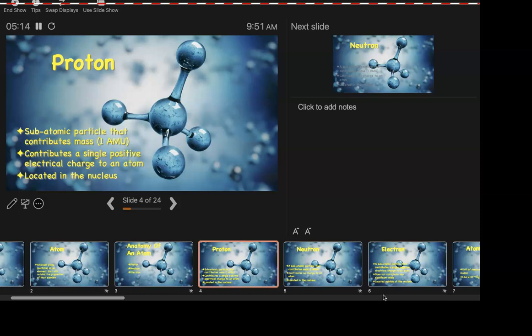Nucleus is that center portion of the atom, for those of you that don't recall. And they always sort of cliche-ingly say that 99% of the mass of the atom is in the nucleus. So the proton is one of the things that live there.